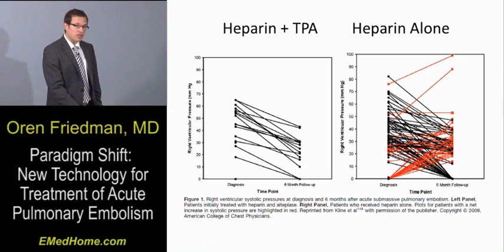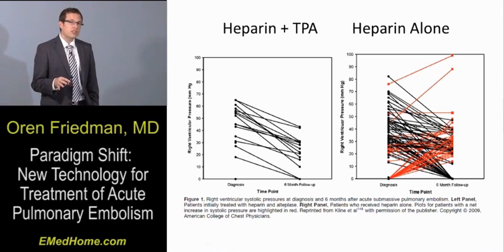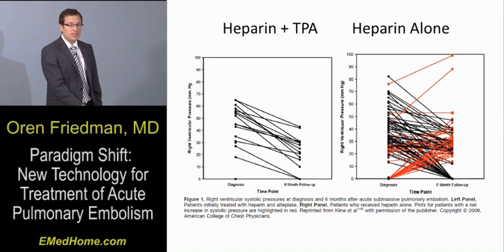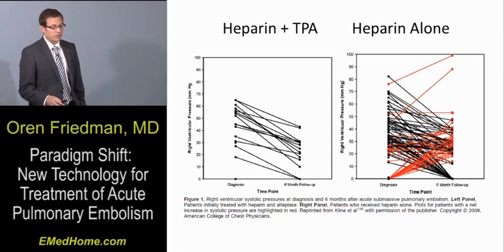In the group that got heparin alone, it is true that the vast majority of patients did have recovery of their right ventricle over time and did have normalization of their pulmonary artery pressures. However, there was a good selection of patients that did not have recovery of their right ventricles, as you can see in red, and some patients actually had an increase in their pulmonary artery systolic pressures.